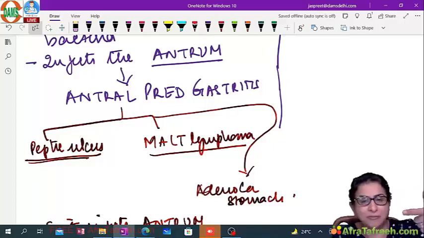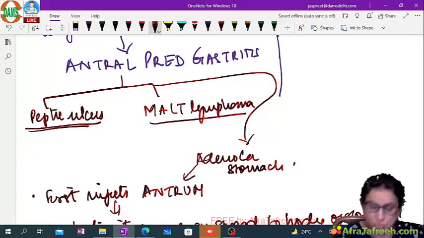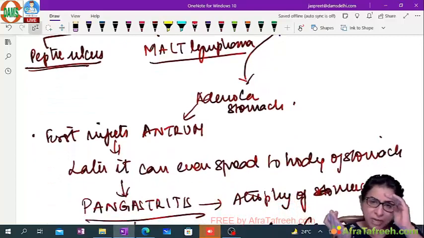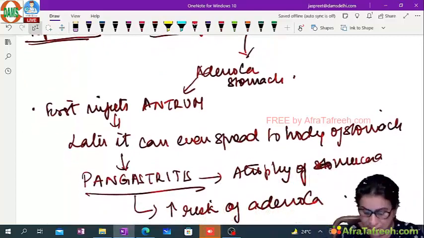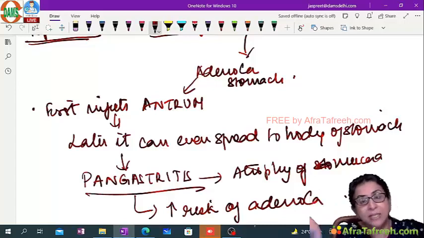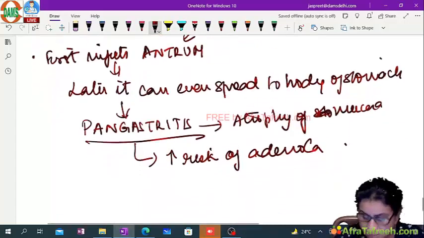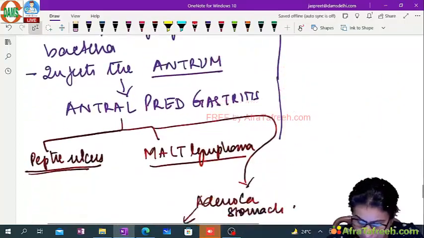Two, it can evolve into MALT type of lymphoma, and rarely adenocarcinoma. Adenocarcinoma usually occurs when H. pylori infection spreads from the antrum to the body of the stomach as well. That's called pangastritis. So the entire stomach is inflamed, and then it leads to atrophy of the gastric mucosa, leading to increased risk of adenocarcinoma. So that is H. pylori gastritis.